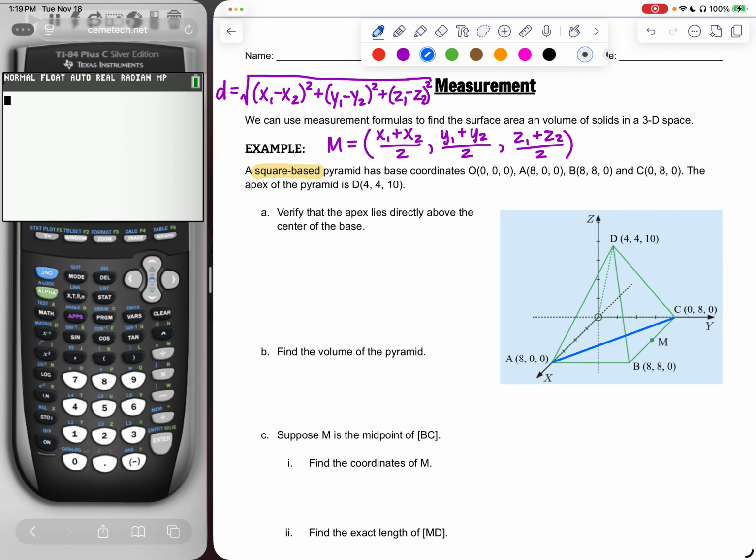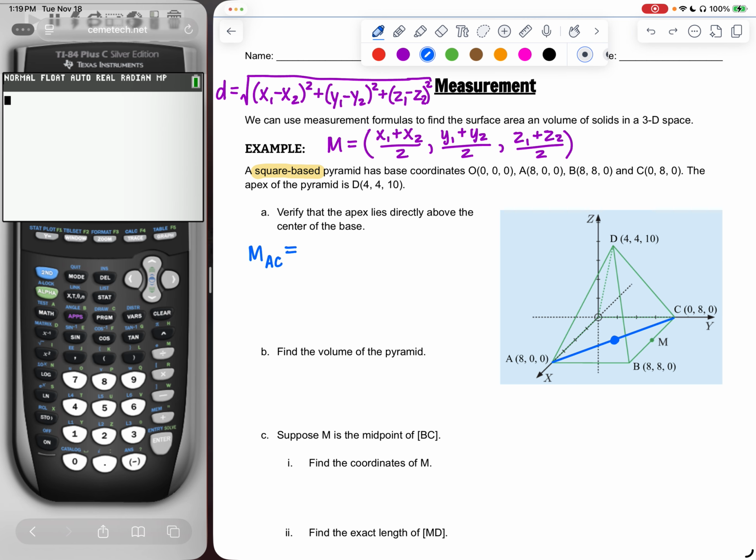So I'm going to first find the midpoint to see where that center is between A and C. So if I want to find the midpoint between A and C, once again, I use the midpoint formula here, and I am going to plug it in.